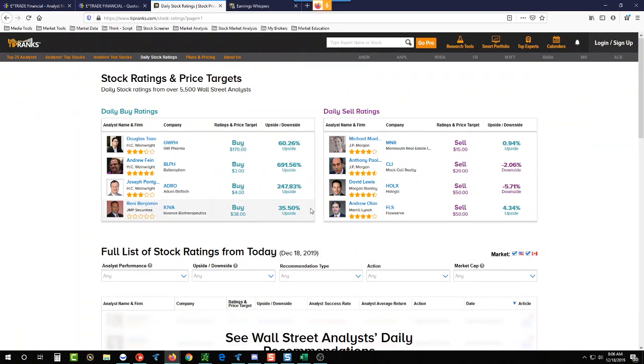I don't have an account there, and you can see that even though I'm not signed in, there are still free tools that you can use here, just getting analyst upgrades and analyst downgrades, and there are a lot of tools here that you can use that are free that you don't need to spend $30 a month on. But if you did spend the money and get an account here, it is $30 a month for like their mid-level subscription. You'd get a lot of trade ideas, right?